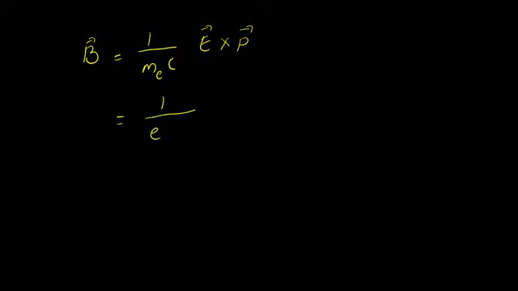As we have already written, B is equal to (1/mec) E × p. Putting in the value of the electric field, it will be equal to (1/mec)(1/r)(dV/dr) r × p.